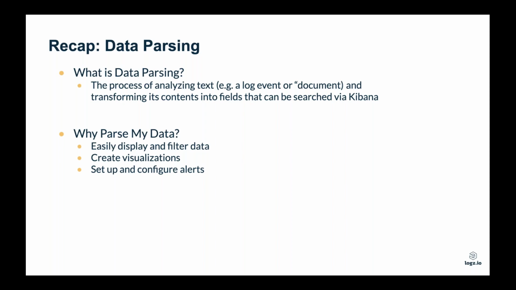We recommend that you do this in Logz.io because this is how data is stored natively in Elasticsearch, which is the backend that Kibana consumes in order to give you the ability to search your data. Why do we want you to do this? You could totally store log lines as single messages and search them actively with Kibana, but you sacrifice the ability to create visualizations, to have individual searches that you make on fields, and things of that nature.